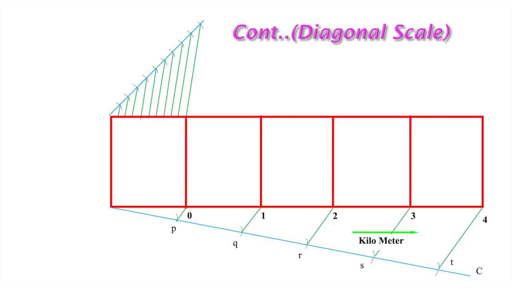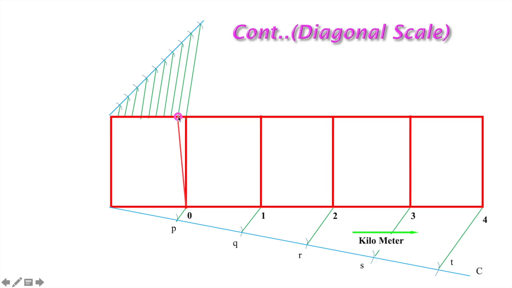Now to get 0.01 kilometer, we would have to divide this segment into 10 divisions, and in that case the lines will be very congested, and we get a band where we can't distinguish the separate lines. To avoid this, we will join in a different fashion. So how to join? Join this point with this one. This joining method is called diagonal joining.